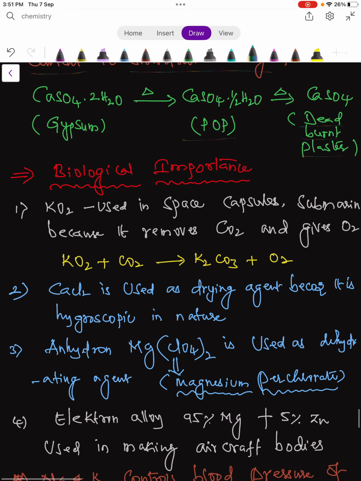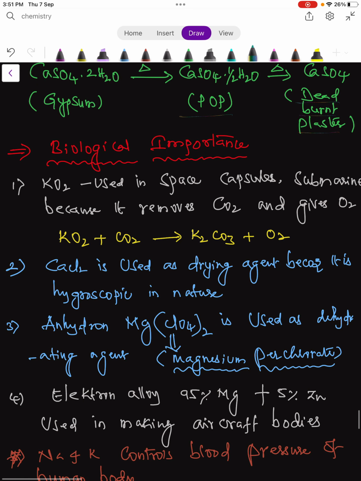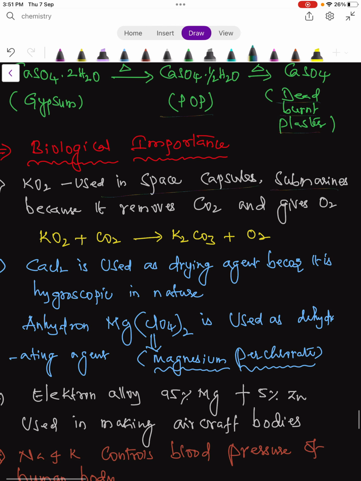Biological importance of these elements, let us discuss. KO2 is used in space capsules and submarines to remove carbon dioxide and give oxygen. This is the reaction. Calcium chloride is used as a drying agent because it is hygroscopic in nature. Anhydrous magnesium perchlorate is used as a dehydrating agent.